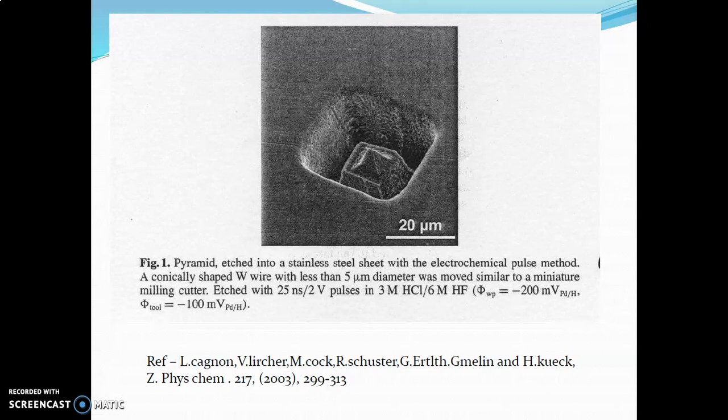Basically this is a research paper, but you can imagine we are doing micro machining of this component, and at the same time we are using a 5 micron diameter wire. So you can imagine how we can produce a wire of less than 5 micron diameter. For that we are using this specialized machining process to control the production.